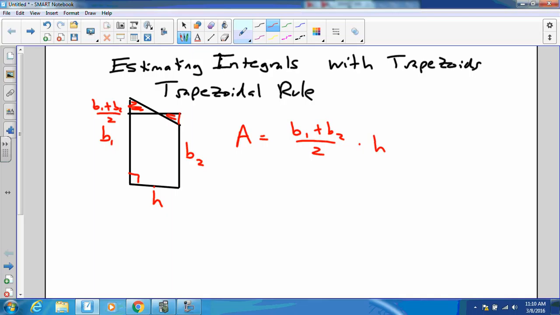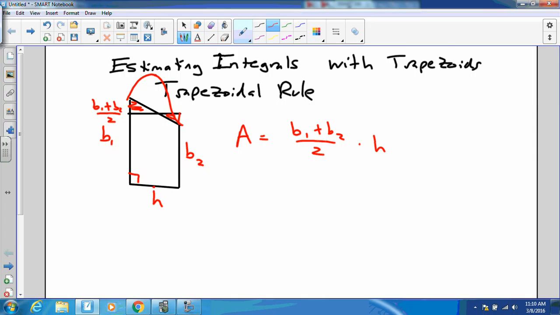If my curve happens to be a straight line, then the trapezoidal estimation would be the same as the midpoint. But if it is not a straight line, if my curve does something like this, then the midpoint would give me this, the trapezoid would give me that. So I want to be clear that the average of these two bases right here does not give me any kind of midpoint estimation. Students will often confuse those two.